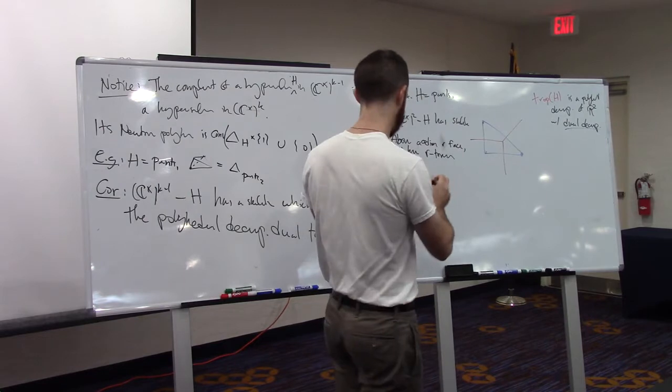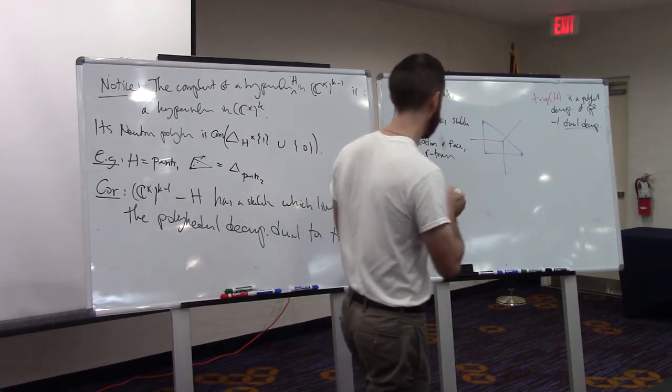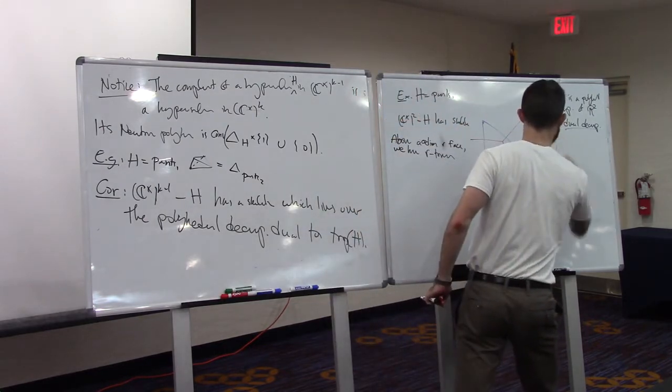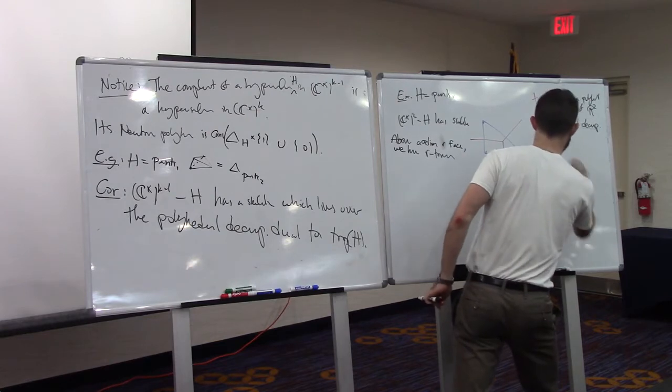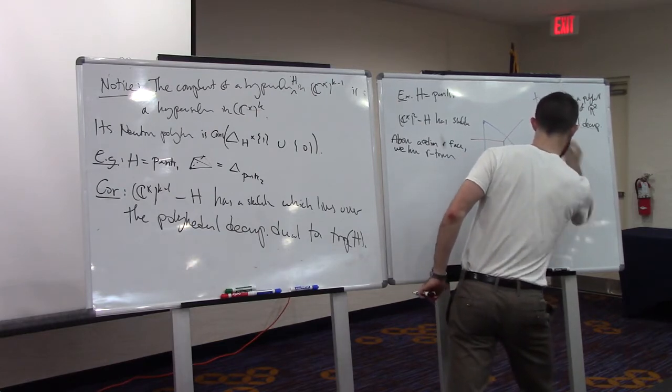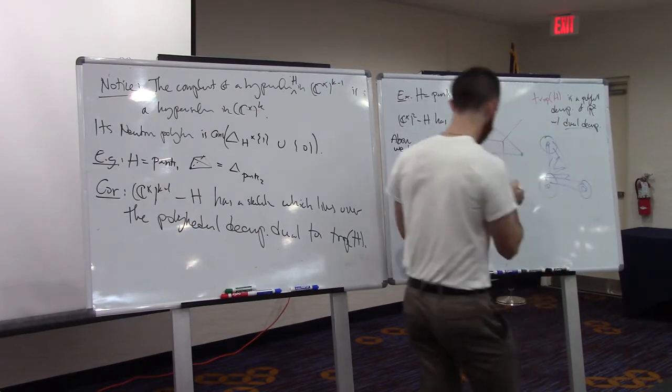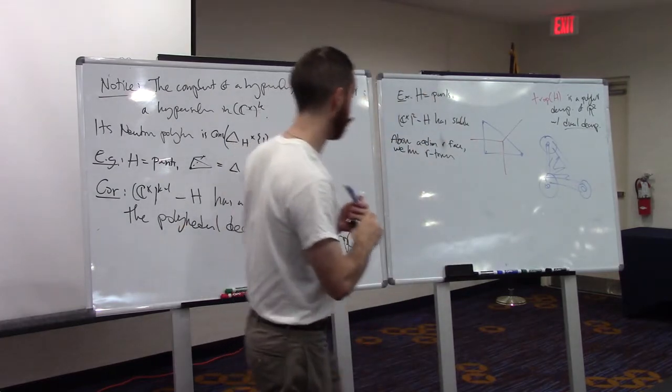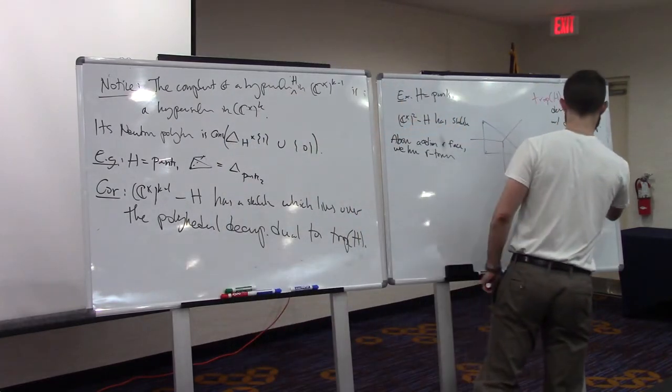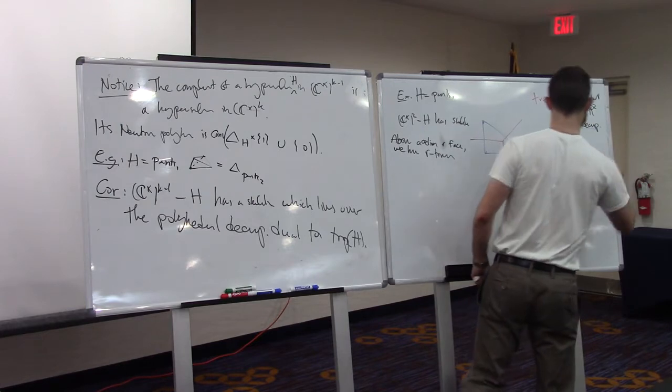So if I were to try and draw this thing, I would get torus, torus, torus, some cylinders, and then this, which is in fact the skeleton of a two-dimensional pair of pants.